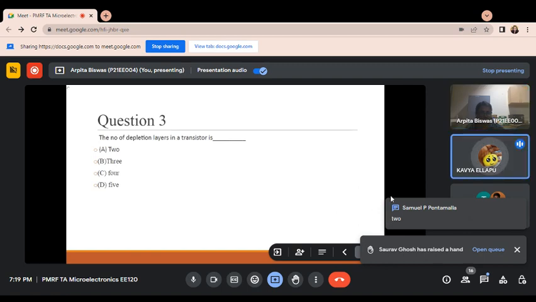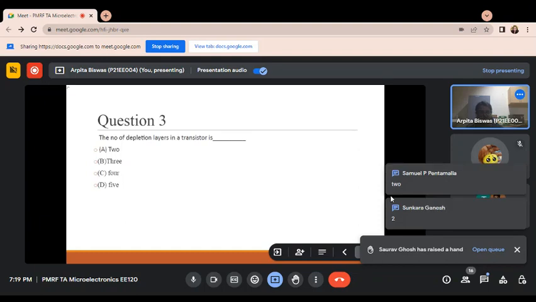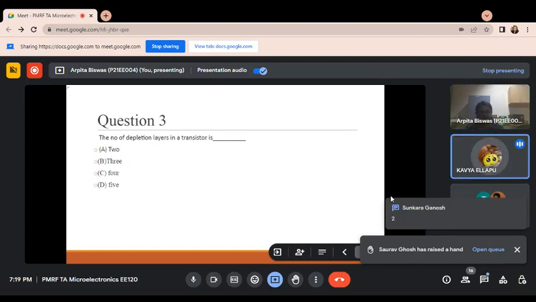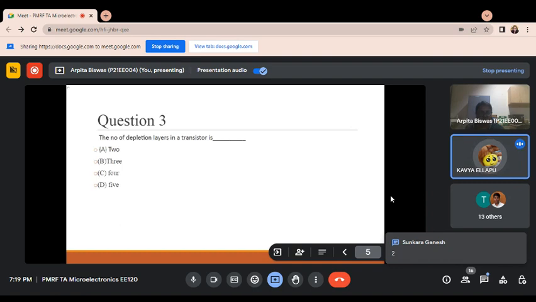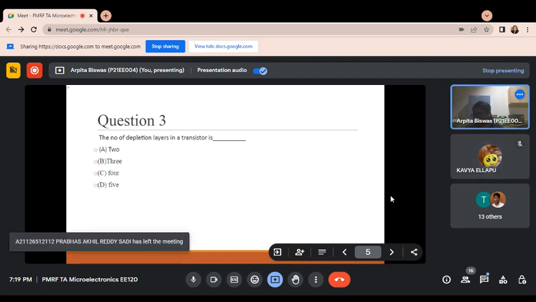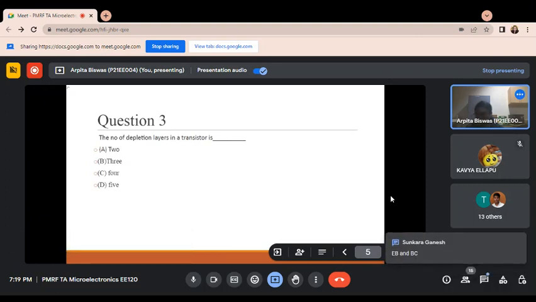2 depletion layers, ma'am. Where is the depletion region formed? First one is emitter and base, next base and collector. Okay, good. Bhavani, what is the right answer? Now, 2 depletion layers, no? Okay.